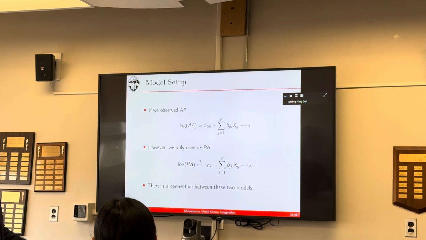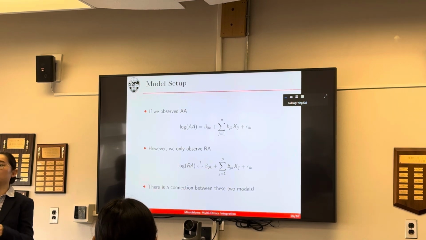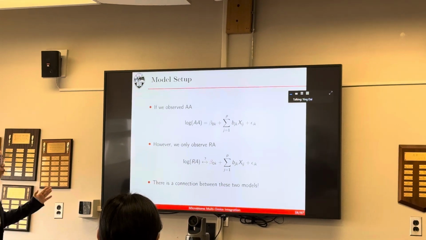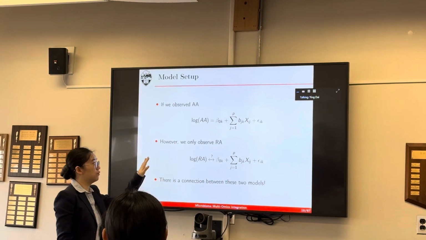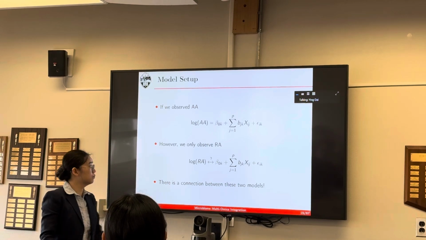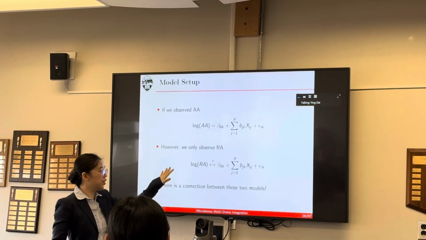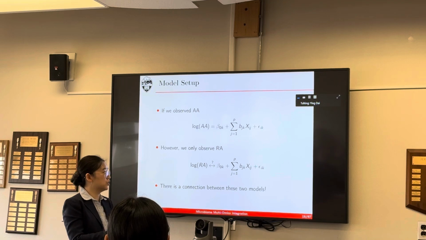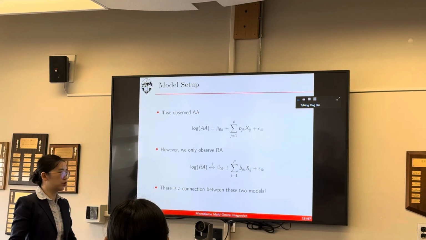For the model setup of my first project, let's assume that we observe AA first. What we want to do is model the log transformation of AA with a linear regression model. But because we only observe RA, we are trying to build the connection, using the log transform of RA in the linear regression model.